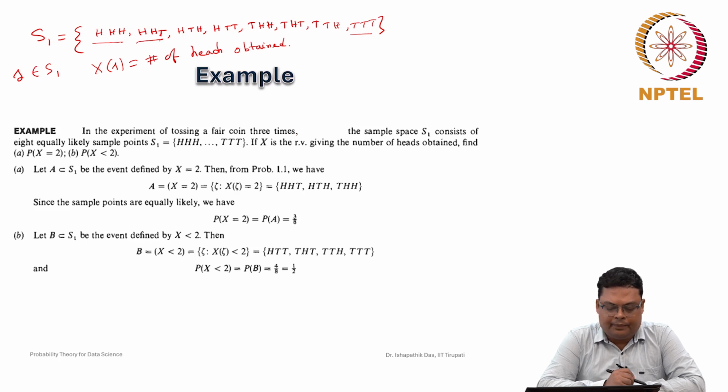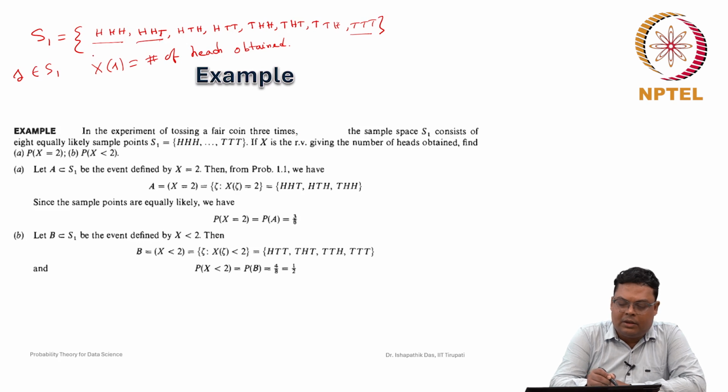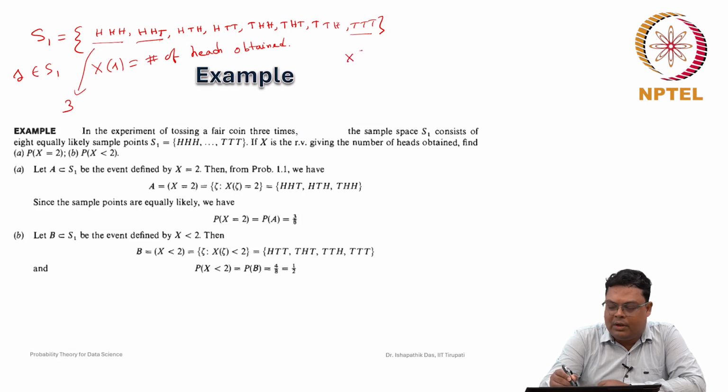Now, how is it defined? This is the sample space S we denoted. For this case, X will be 3: X of head, head, head is the number of heads, which is 3.